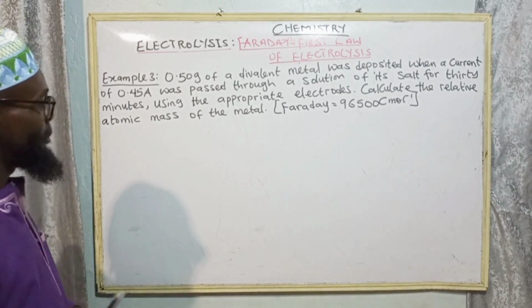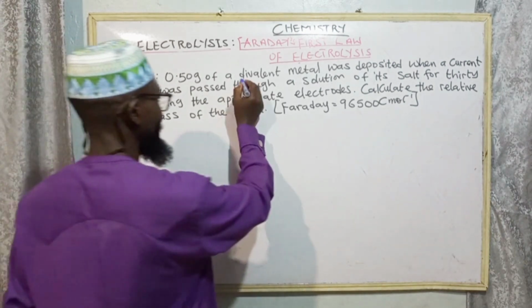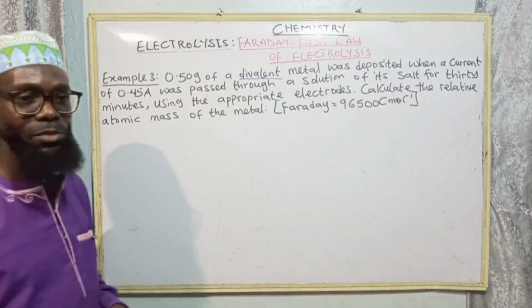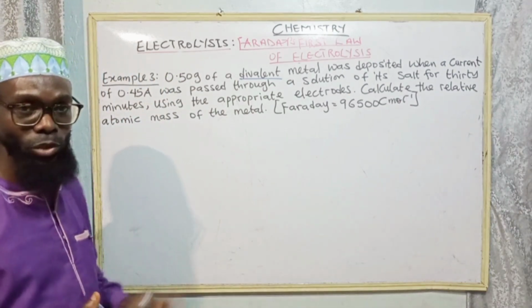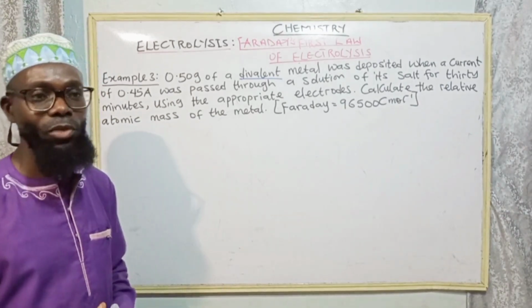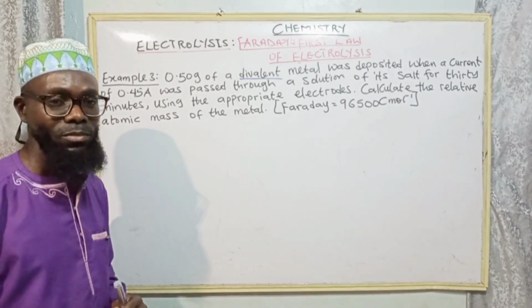Now, the first thing we have to look at is divalent metal. When we say a metal is divalent, it means a metal that possesses 2 charges. Trivalent, it possesses 3 charges. Monovalent, just +1.